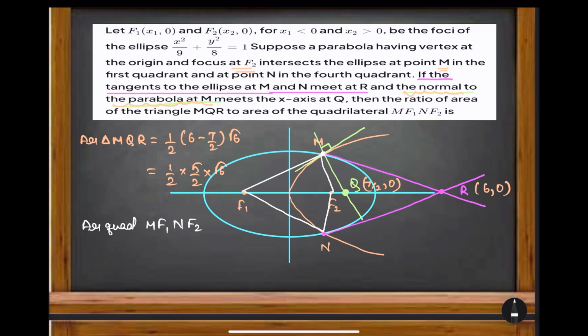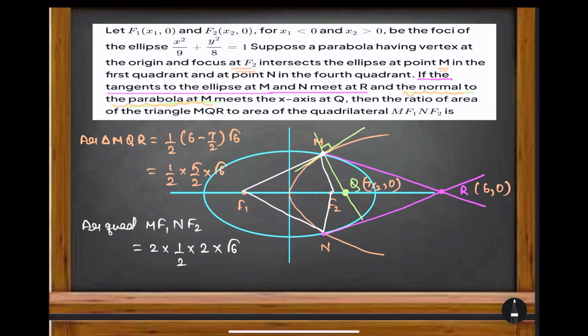So I'll find this area and take 2 times it. So it is 2 times half base times height. What is the base? You know that the foci are (1, 0) and (-1, 0). So final minus initial, 1 minus minus 1, is 2. So half base and height. The height will be the y coordinate of M, which is root 6, correct?